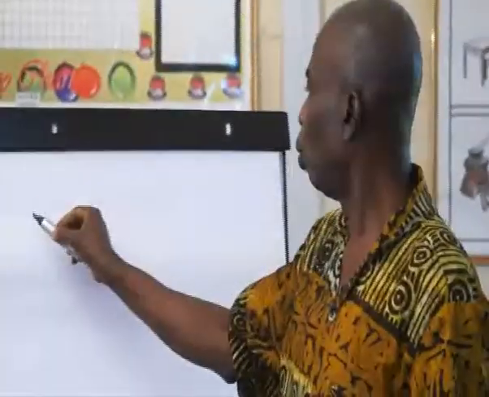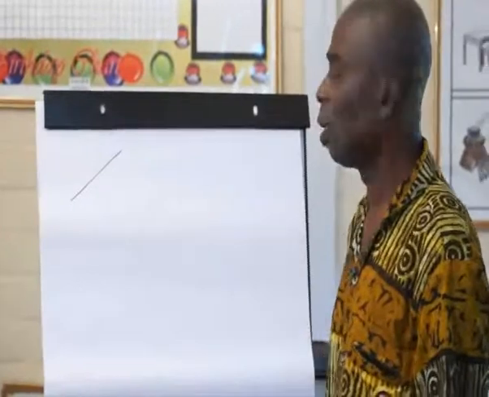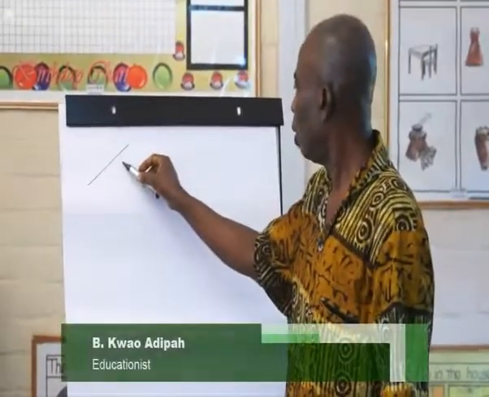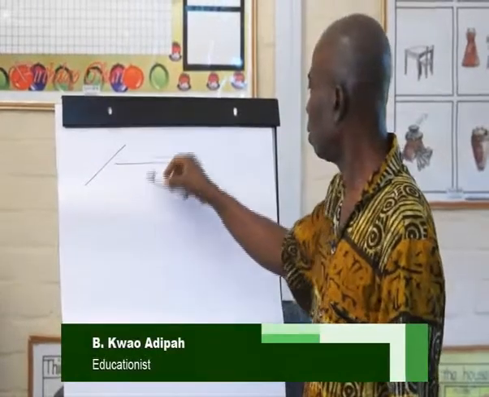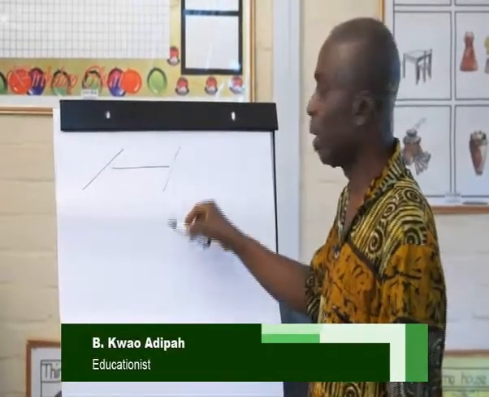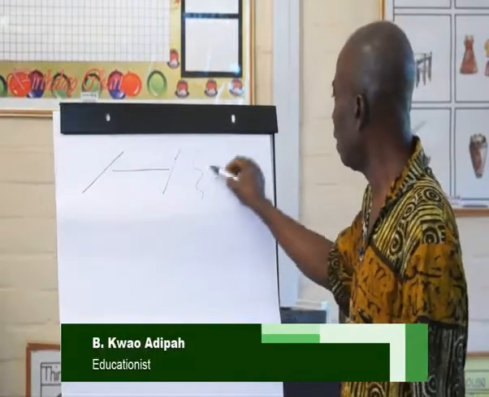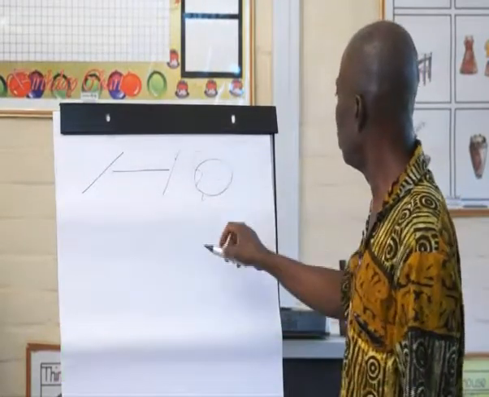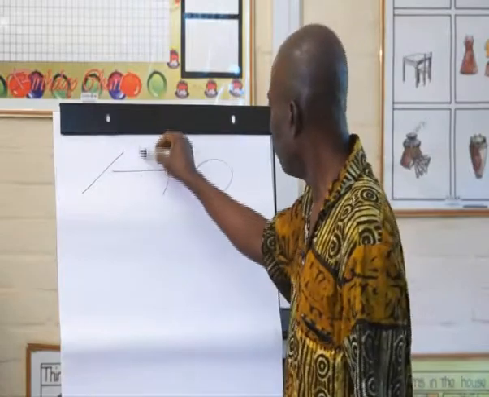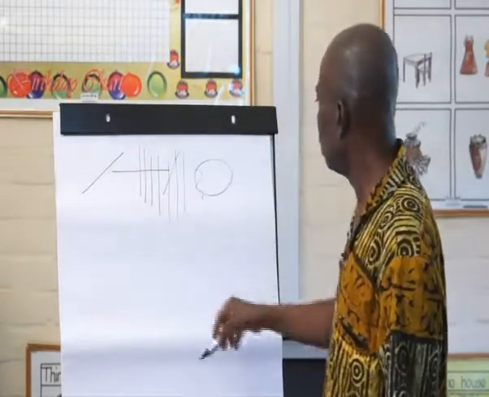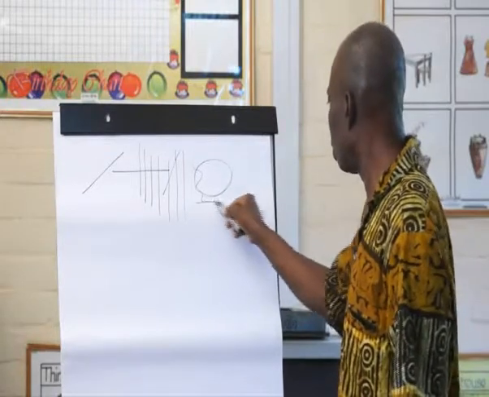You put your tool on the paper, you draw a straight line, which is horizontal. Another one, you can make zigzag, freely curves, vertical, straight, horizontal.